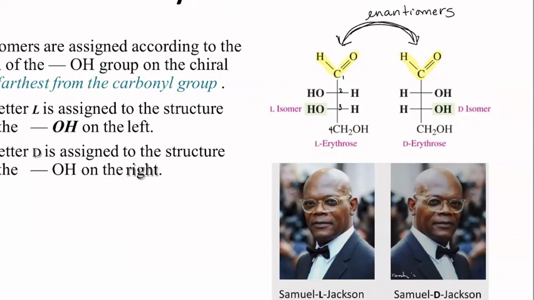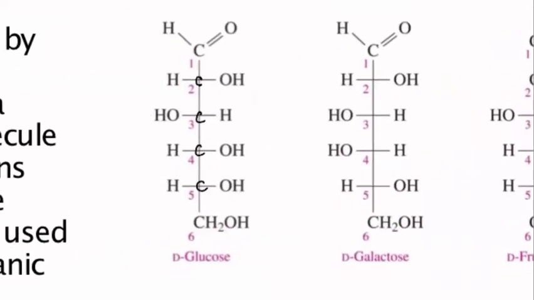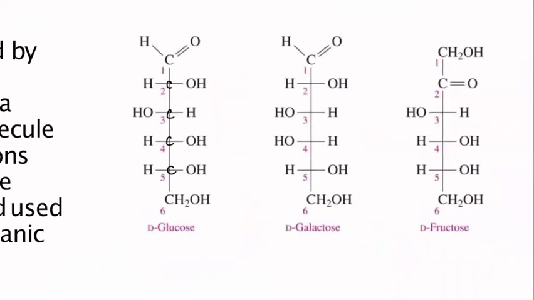The groups are reflected, okay? So if we go back to the example that we have here, notice that the monosaccharides that I gave you here, they're all D monosaccharides, based on the numbering that each of them have.